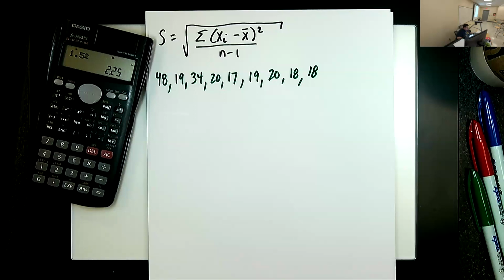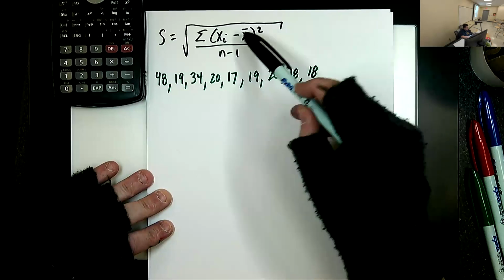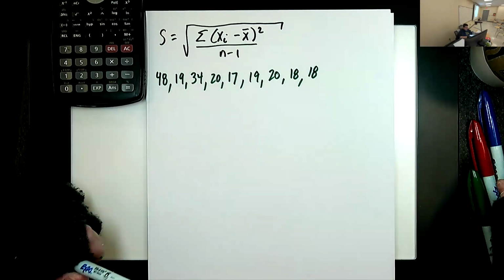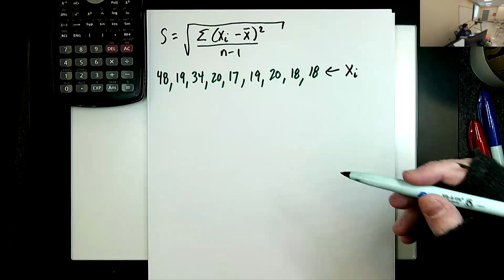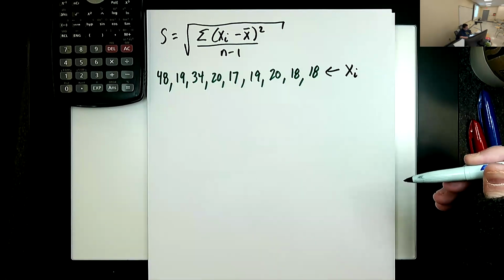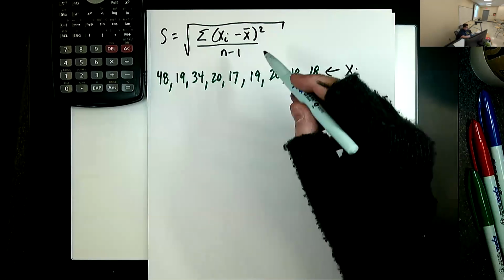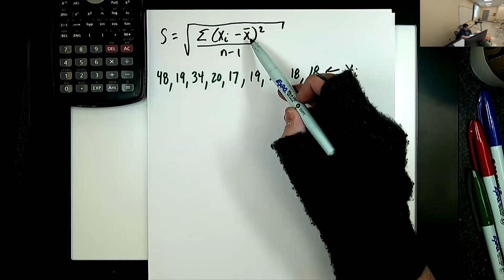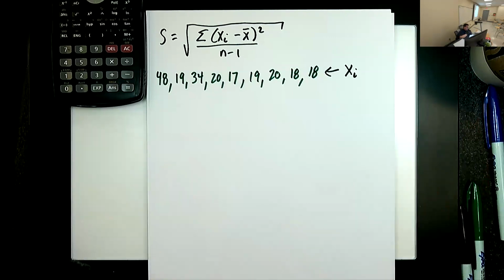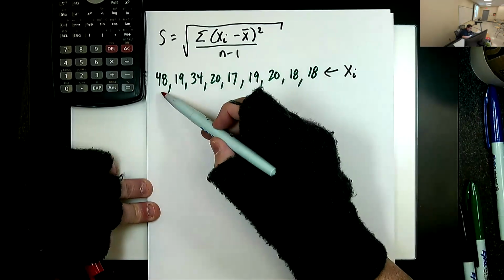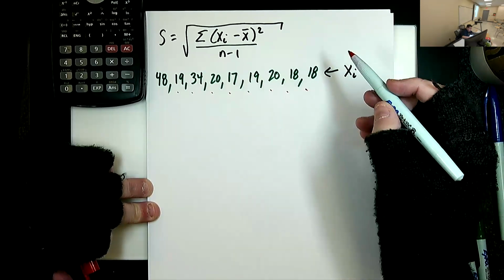All right, one of the first things we need for this formula that shows up every time we do this is the summation for the X. These are my XIs, so we're going to plug those in one at a time when we do the summation. We're going to make it in a table. We also need X bar, or the average. We have 1, 2, 3, 4, 5, 6, 7, 8, 9 entries.